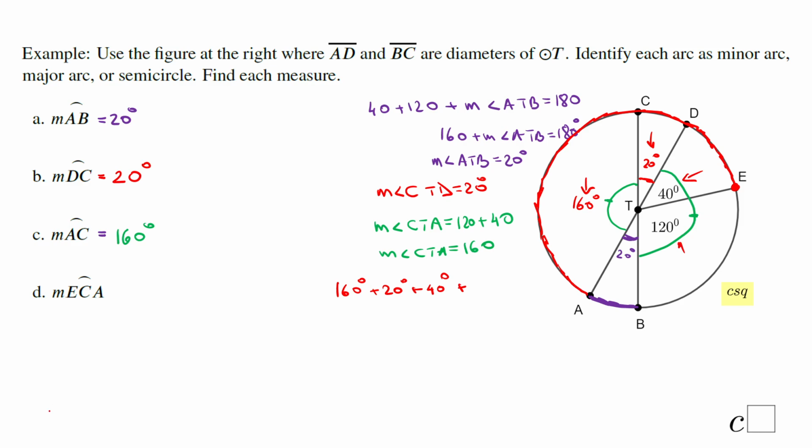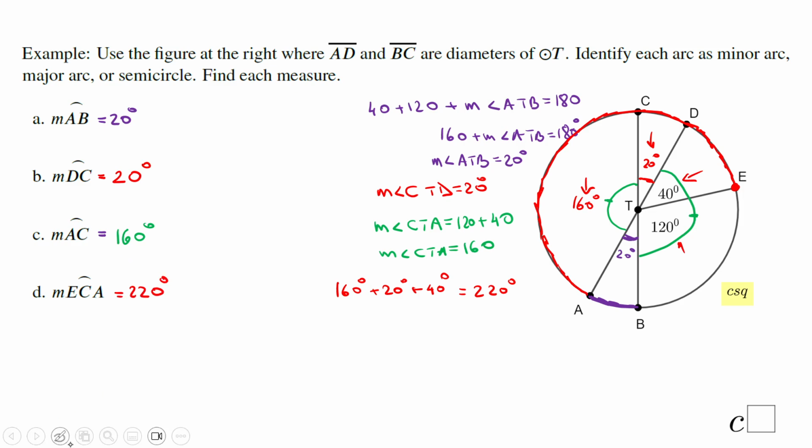Oh, no, we don't need the 120, sorry. Just these three, right? So these three angles, if we add them together, give us the central angle, this big one, right? So that will be 180, 220. That means this arc here is 220 degrees.